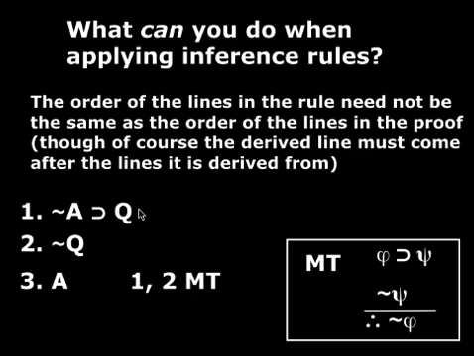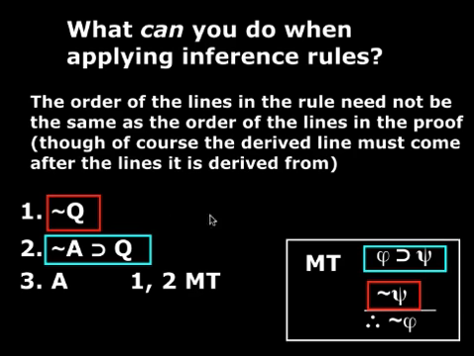We have the conditional and the negated consequent below it. But they could come in a different order. You could have the conditional below the negated consequent. In fact, they don't even have to be next to each other. And this came up in some proofs we did a little bit earlier in this video. So here I'm just indicating that these are in a different order.